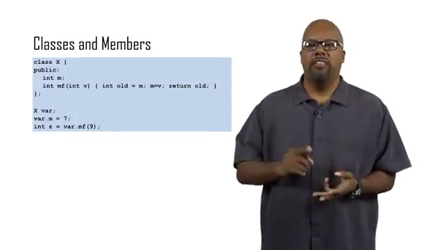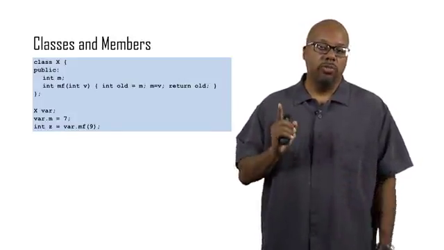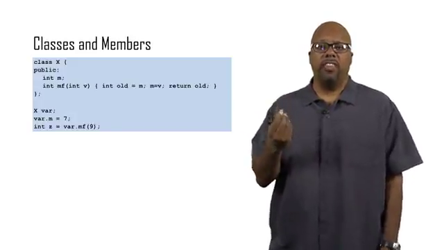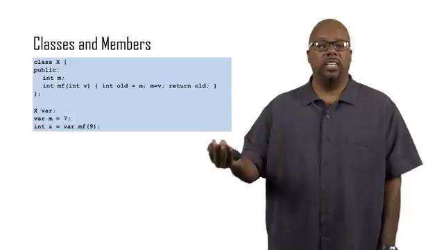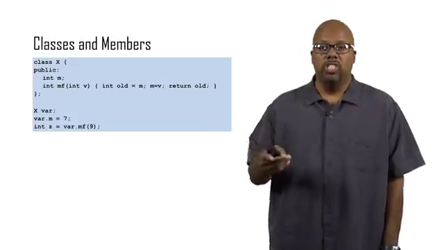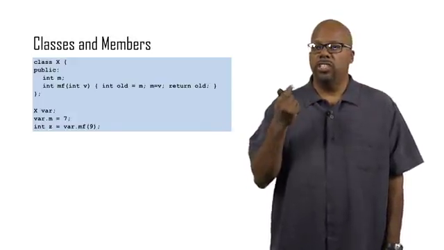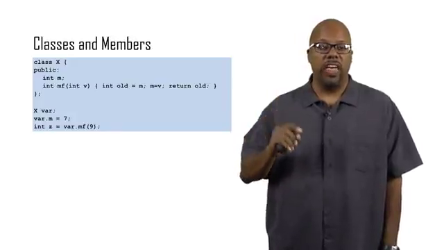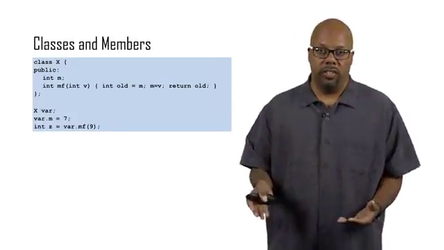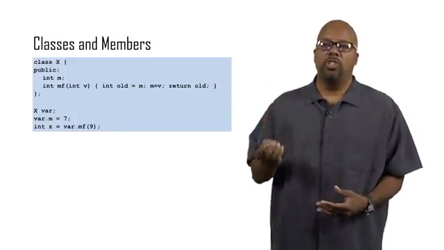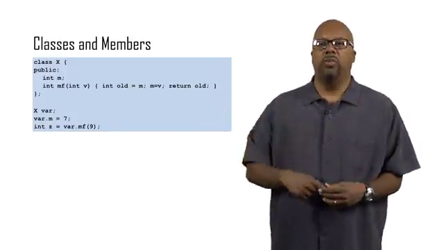Now the next line, I say var.m = 7. What I'm doing there is taking that m that's associated with var, the new object that I just created, and setting it equal to 7. Note that I don't just say m = 7, because if I said that, the machine wouldn't know which m I'm talking about. I say var.m = 7, so it knows the m associated with this var object is going to equal 7.